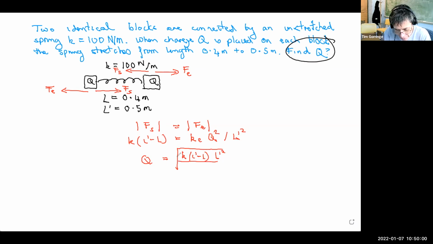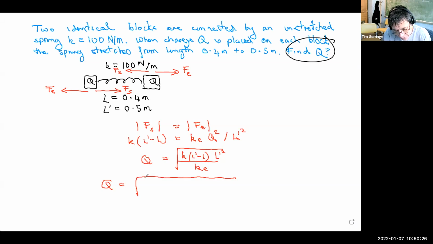And then in the denominator here, I've got the Coulomb constant, Ke. And so that's my equation for the amount of charge on each block. And I can just fill in the numbers to that equation. See if I can do that.